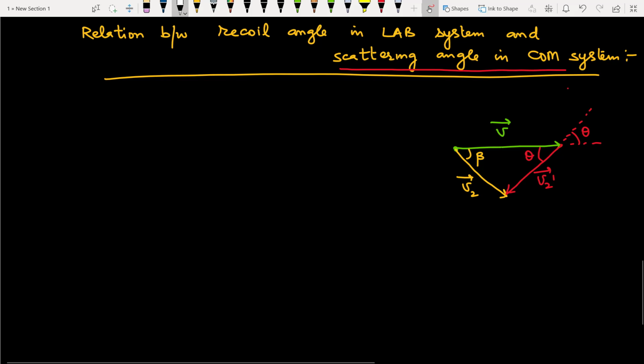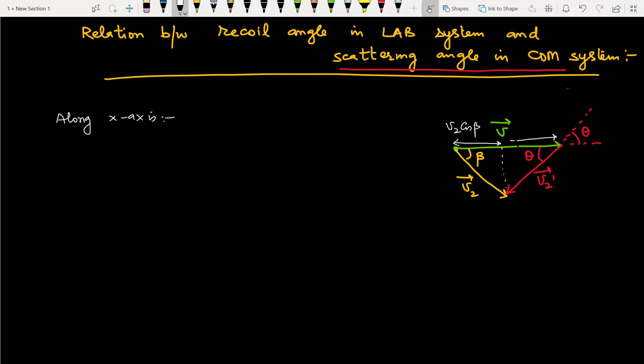So join this. Now again we will take the components, taking scattering along x-axis only. So along the x-axis we have two components. This is V2 cos beta.